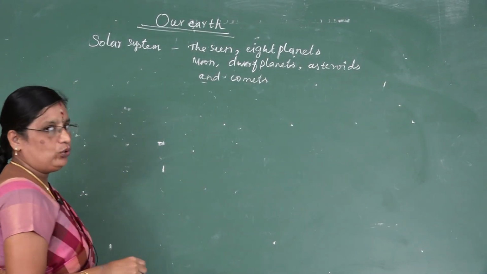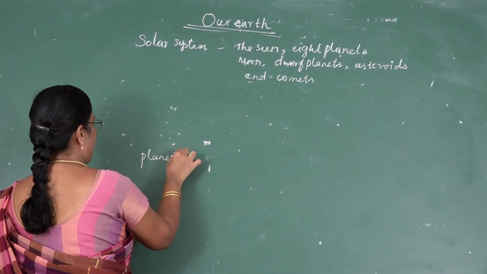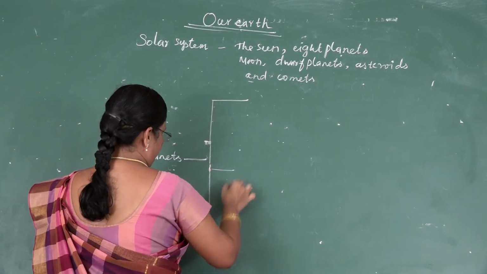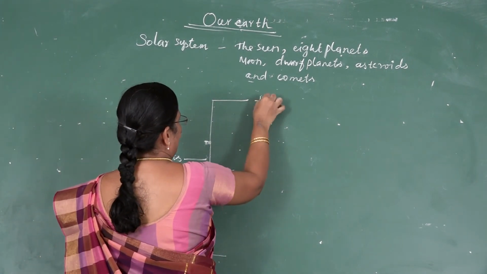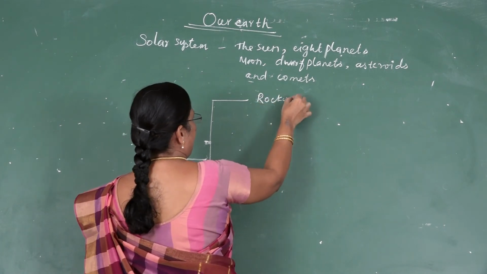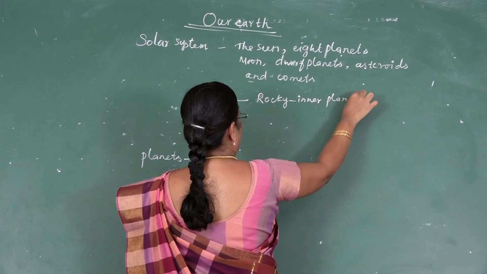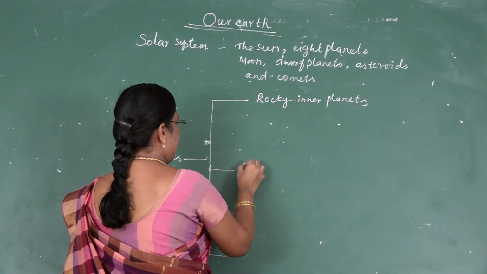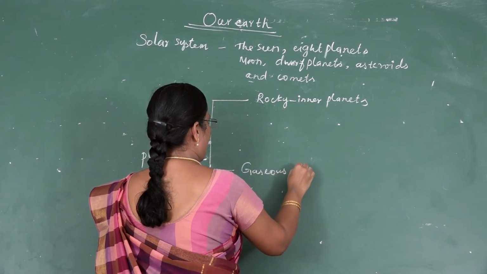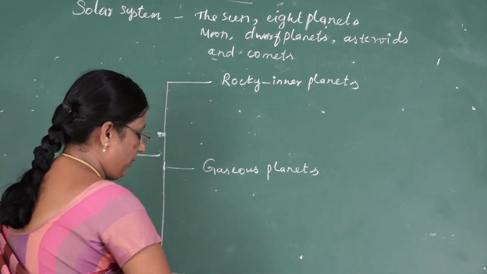Planets are divided into 3 groups according to their nature. The first one is rocky inner planets. The second one is gaseous planets. The third one is frozen planets.